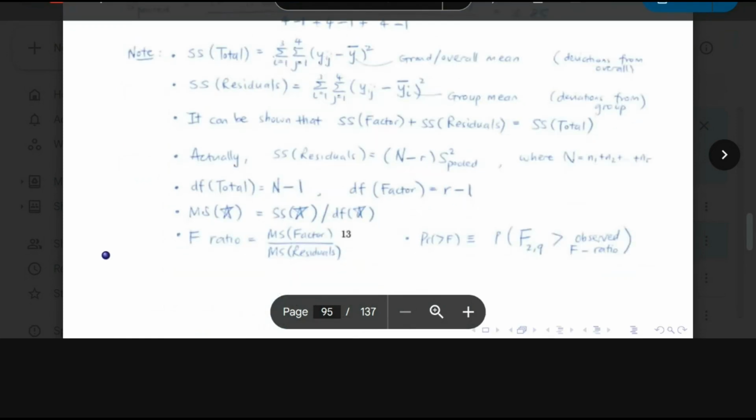A few things, these you know already from your previous stats classes. The total degrees of freedom is the total sample size minus one. For the factor, the feed type, it is the number of groups minus 1. That's why 3 became 2. Any mean square is found by taking the ratio of the sum of squares divided by the degrees of freedom. That's how you find the mean square.